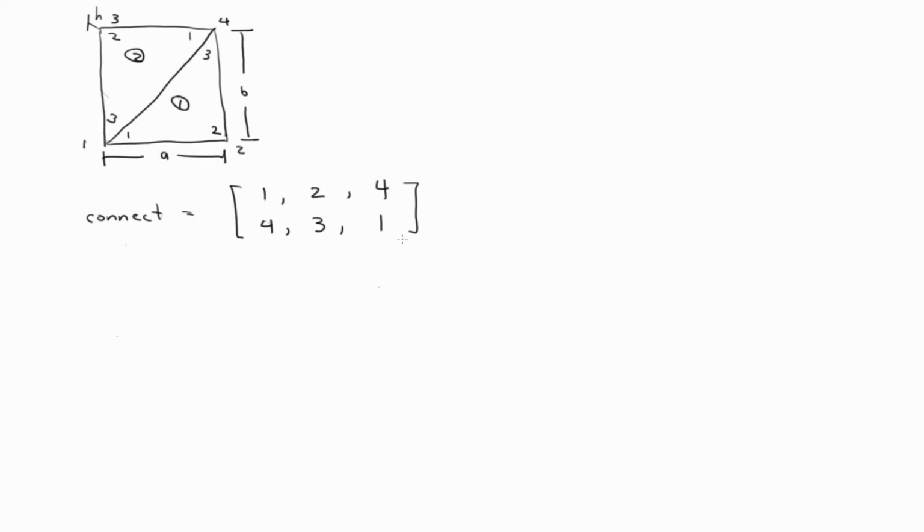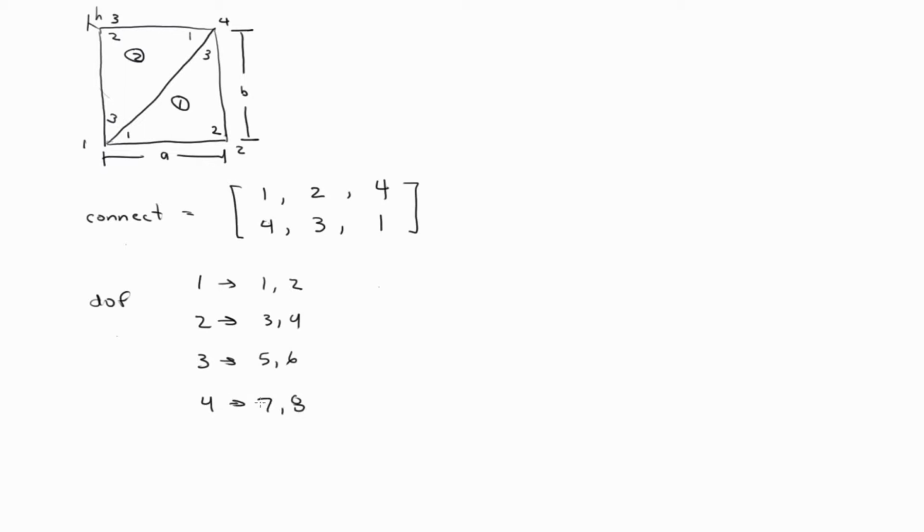Of course, we also have some sort of degree of freedom map, right? So node 1 has degrees of freedom 1 and 2. Node 2 has degrees of freedom 3, 4. Node 3, these are global nodes, 5, 6, 7, 8, right?